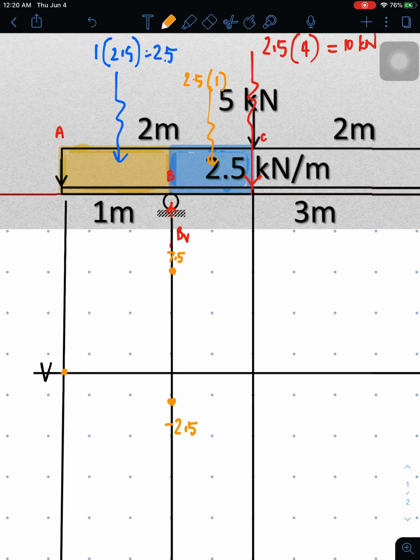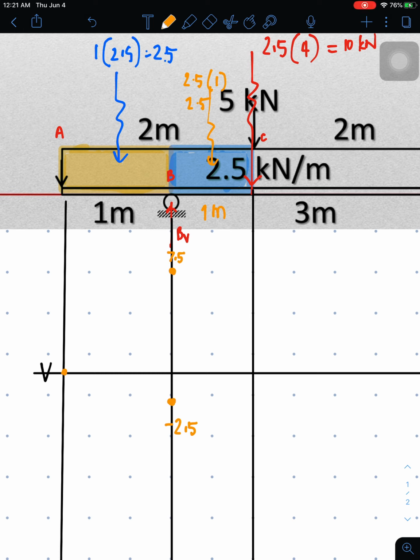Where did I get 1? Remember that the whole length from A to C is 2 meters and the length from A to B is 1 meter. So from B to C, it's 1 meter. Although they aren't proportional, I'm sorry, that is 1 meter. So 2.5 times 1 is 2.5.